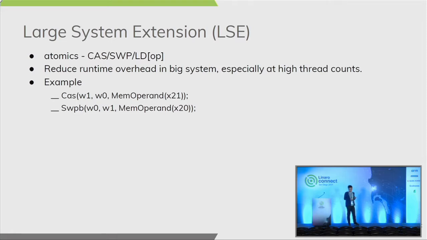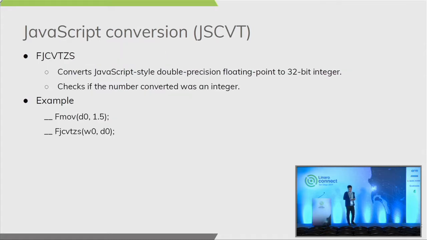Okay, and LSE is used to reduce runtime overhead in multi-threaded systems. Here is an example to see how to use the compare and swap instruction. Quite simple. We also provide JavaScript-style conversion.